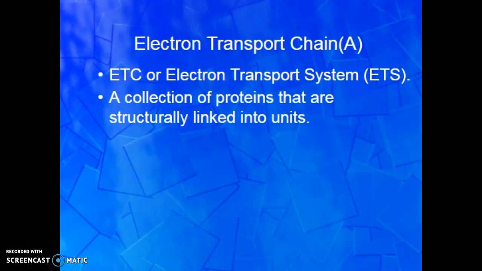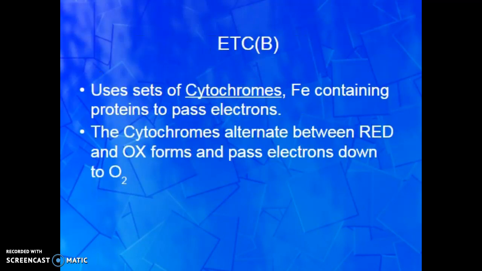We left off having just talked about electron transport, and we're ready to dive in and get a little lost in the weeds. We're going to use sets of cytochromes, which are iron-containing proteins, to pass electrons back and forth across the membrane. Sometimes we're going to pass them along the same side of the membrane. These cytochromes alternate between reduced and oxidized forms and pass the electrons down to the terminal acceptor, which is O2, or oxygen.